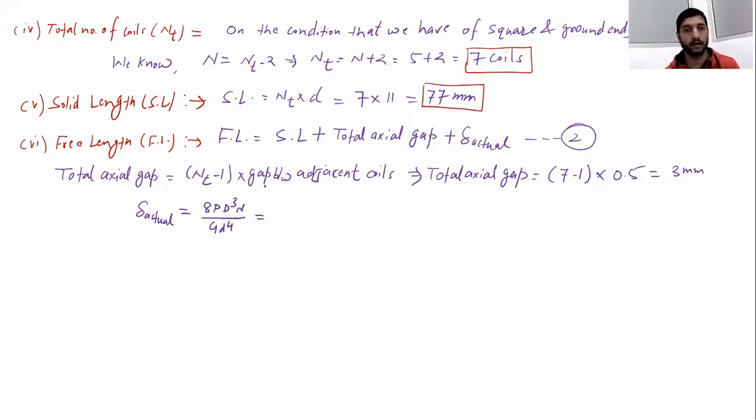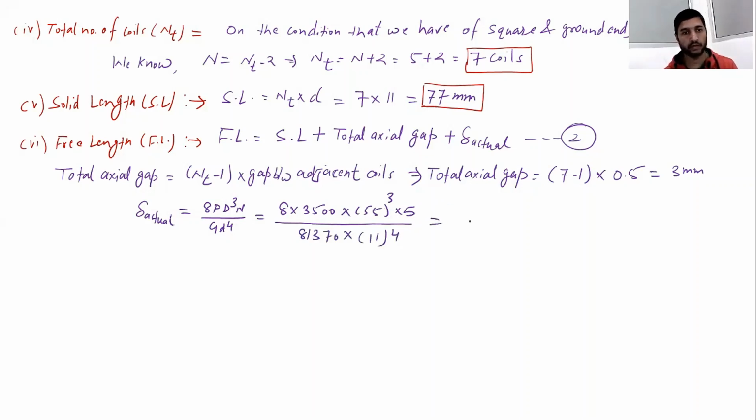So you have to take 8 into maximum force, that is 3500, into D, capital D you have already found, how much is this, 55, cube, into active number of coils which are 5, divided by G into wire diameter 11.